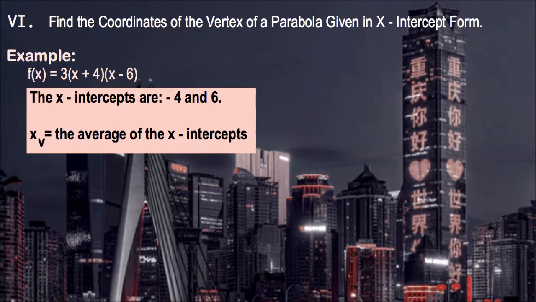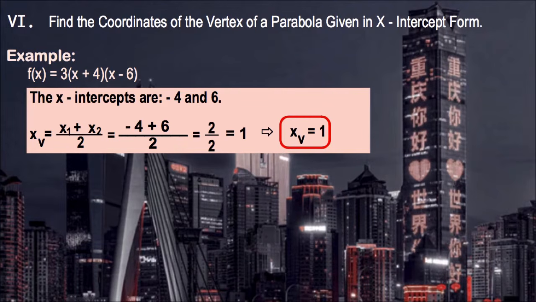X vertex is the average of these two x-intercepts. So x1 plus x2, all divided by 2, which is equal to negative 4 plus 6, all divided by 2, equals 2 over 2, which is 1. X vertex equals 1.